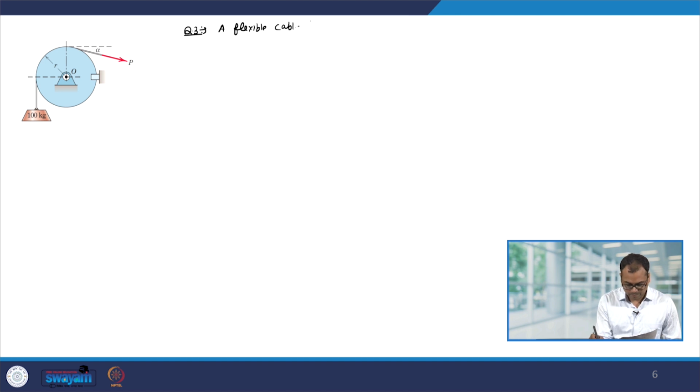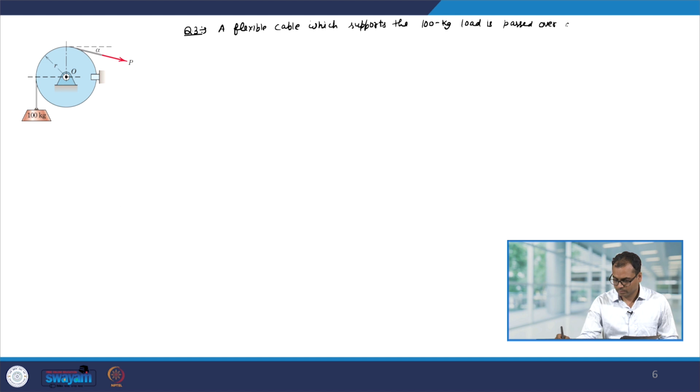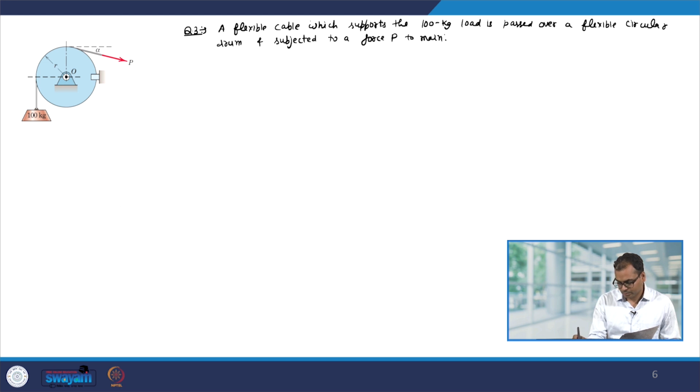A flexible cable which supports the 100 kg load is passed over a flexible circular drum and subjected to a force P to maintain equilibrium.